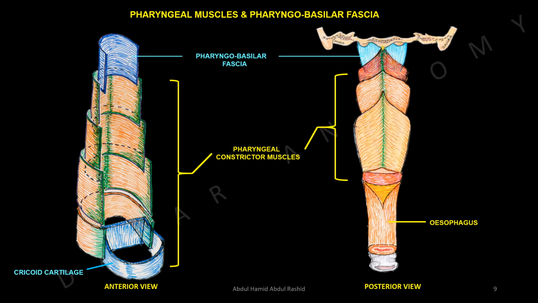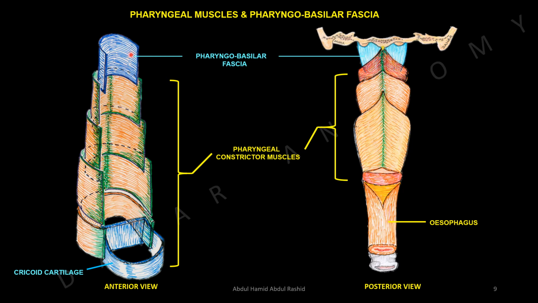Now if you see here, this is the inferior constrictor muscle, this is the middle constrictor muscle, this is the superior constrictor muscle, and this is the pharyngobasilar fascia, like a stack of cups, one on another. These are all constrictor muscles.